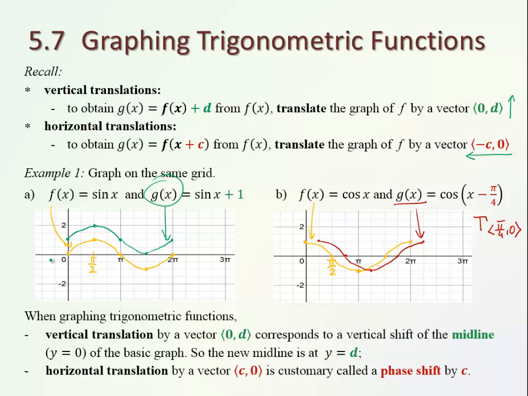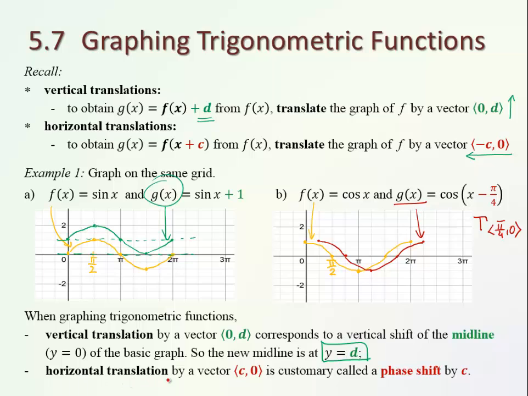The midline for the original function is the line y equals 0, which means x-axis. So this midline was moved, in this case, one step up to the new position. So the new midline has equation y equals d. If we add a constant d outside of the function, that means that our previous midline will pass through the point d on the y-axis.